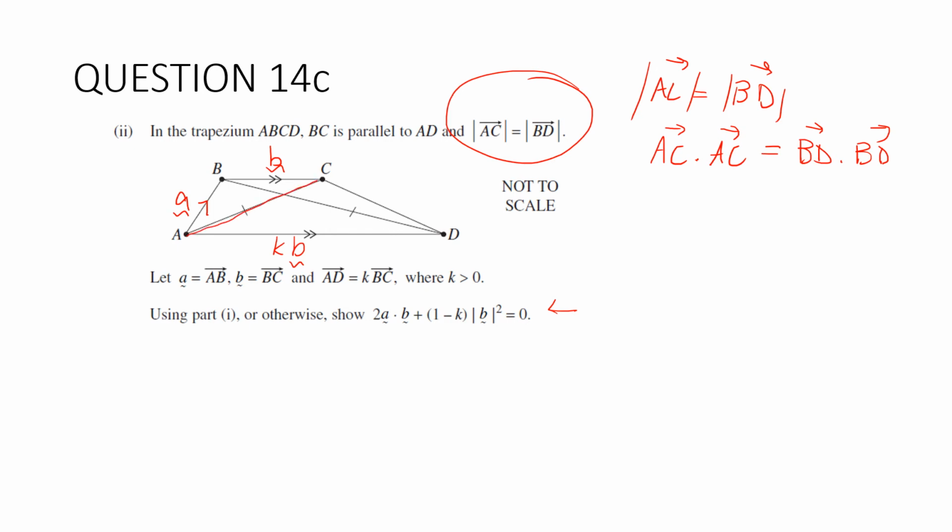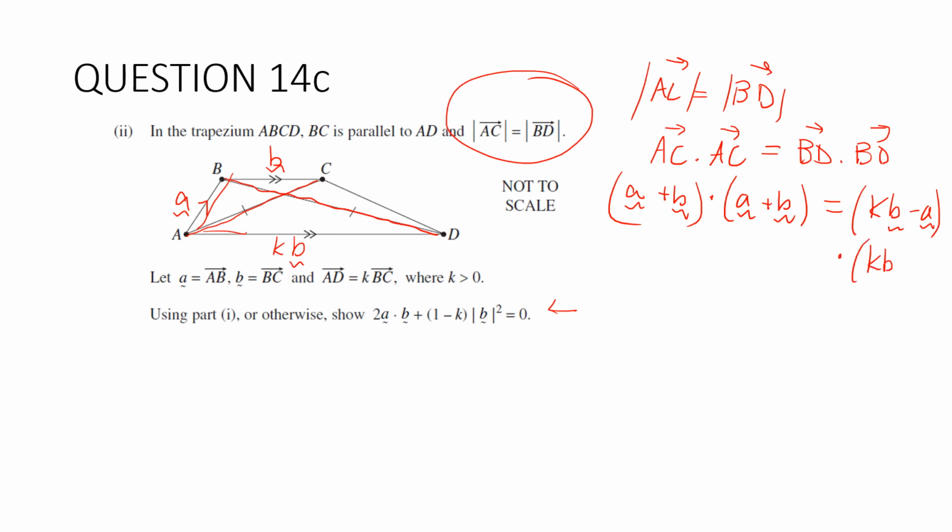That's a plus b, so vectors a plus b dot a plus b, and BD, that's here, so that's going to be negative a plus kb, kb minus a, dot kb minus a.